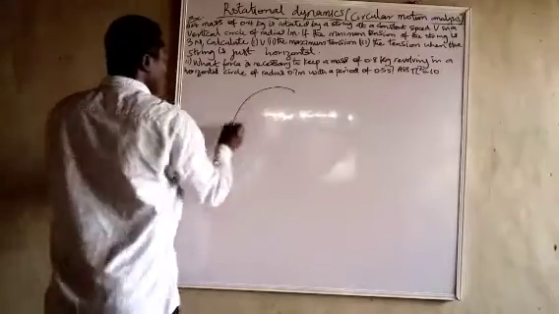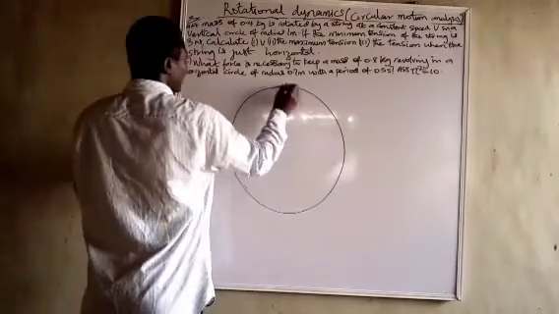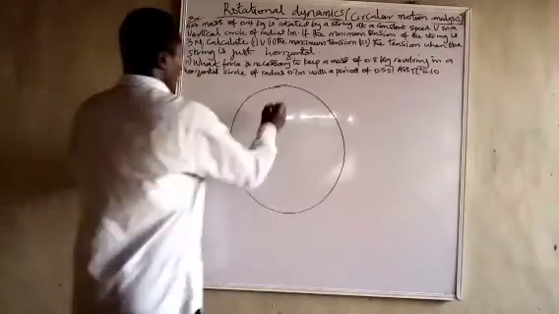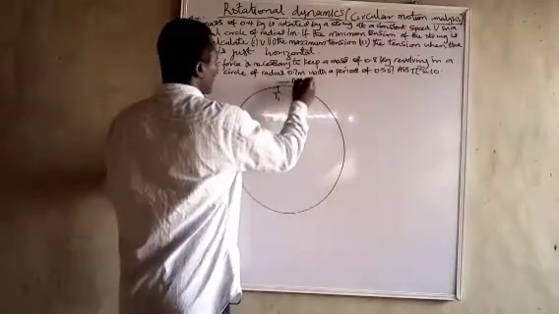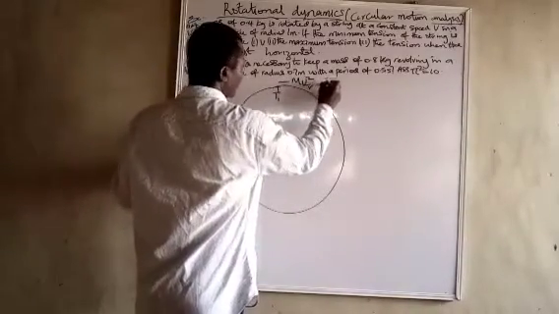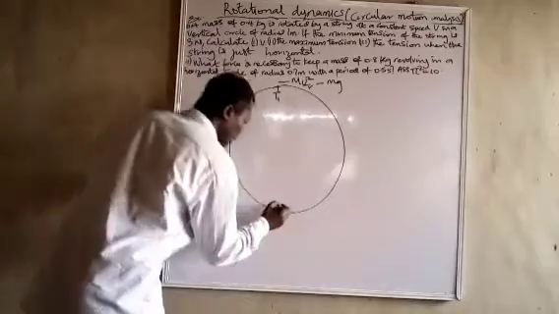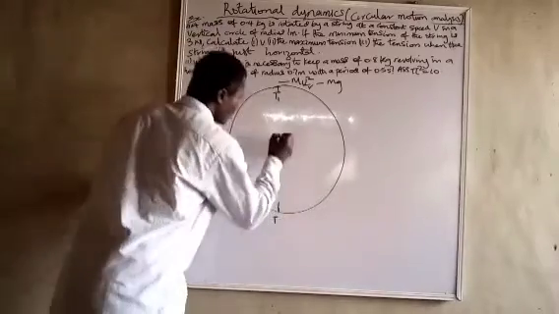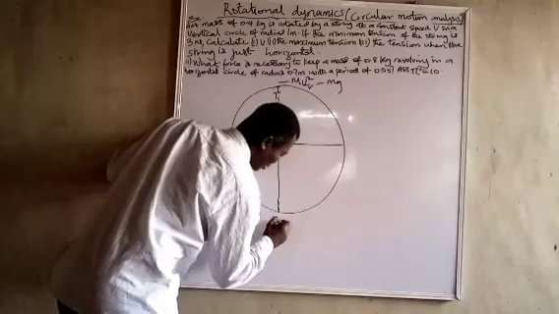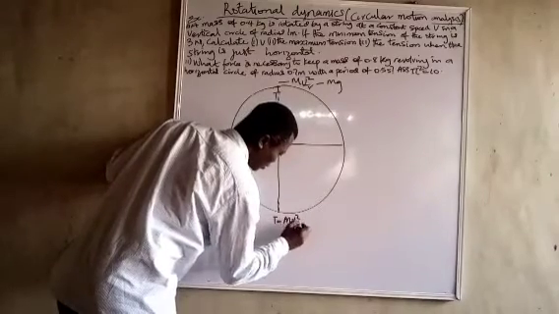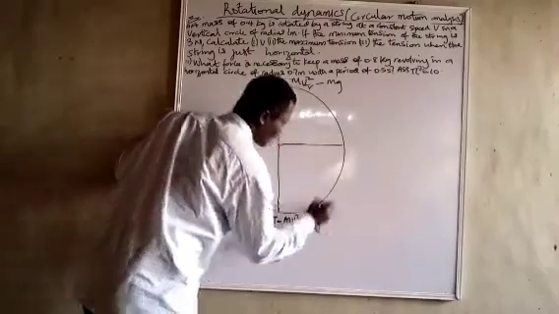We have a mass being rotated in a vertical circle. The minimum tension is here, and that is mv squared over r minus mg. The maximum tension is here, and that is mv squared over r plus mg.